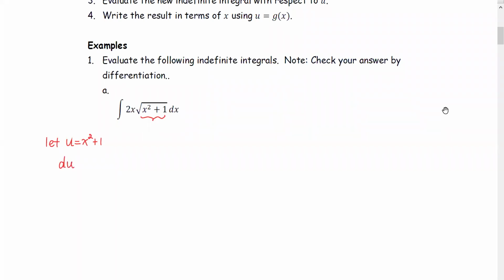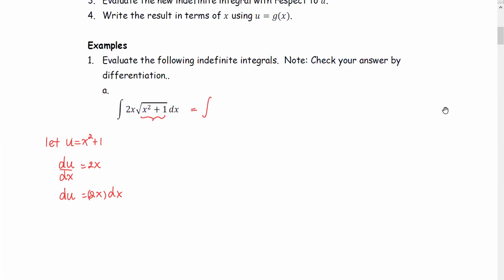For the differential du, let's start with the derivative. du by dx is 2x. That will give you the differential du in the form of 2x multiplied by dx. Back to the problem. We can replace the u and du into the integrand.